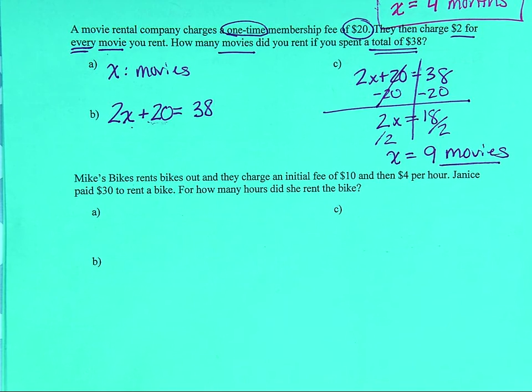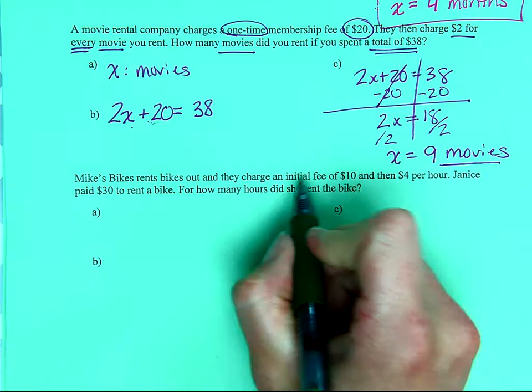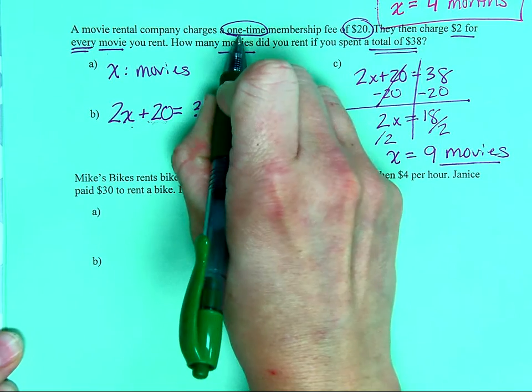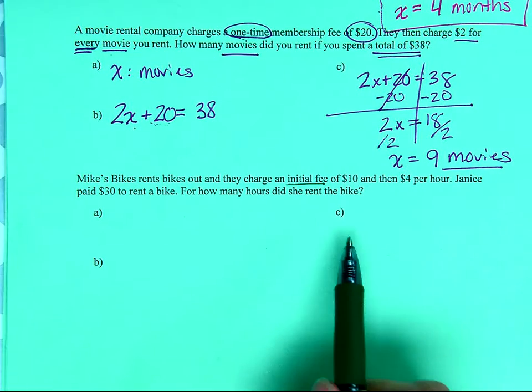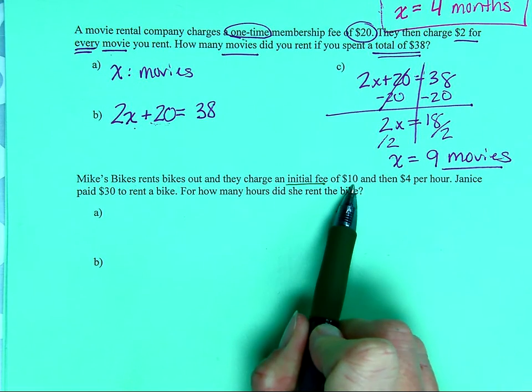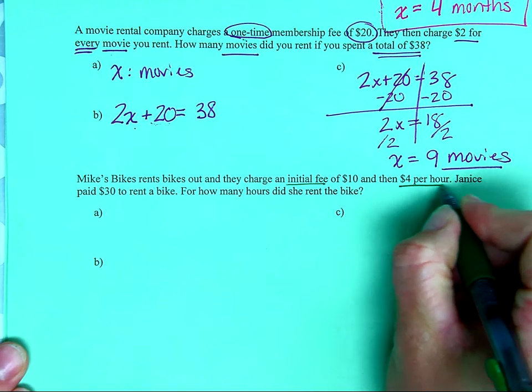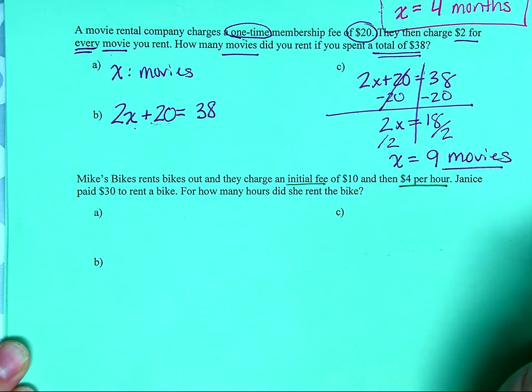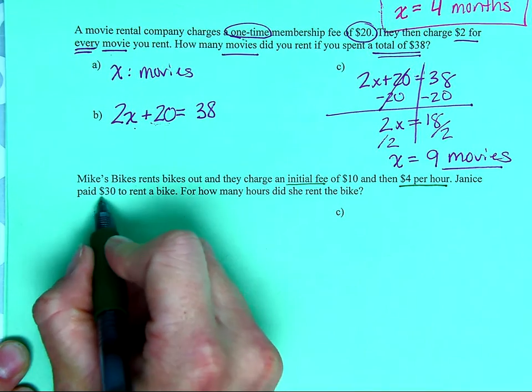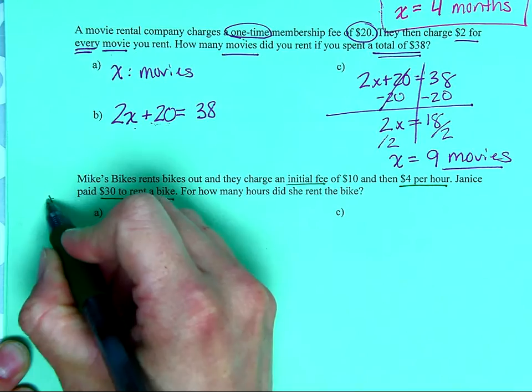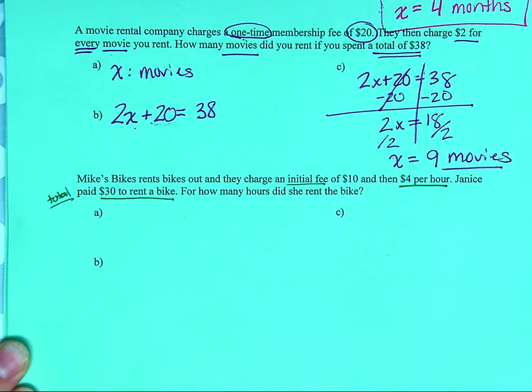Last example. Mike's Bikes rents bikes out, and they charge an initial fee of $10. So initial fee, that's kind of the same thing as a one-time fee. So right now, I'm thinking that this is not going to have a variable. So initial fee of $10, and then $4 per hour. Janice paid $30 to rent a bike, so that's her total, that $30.